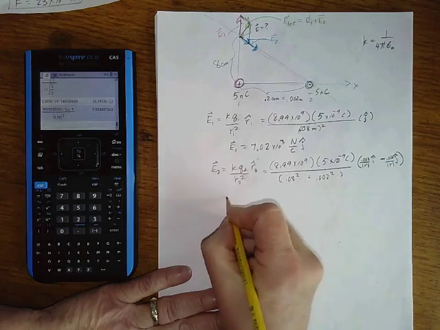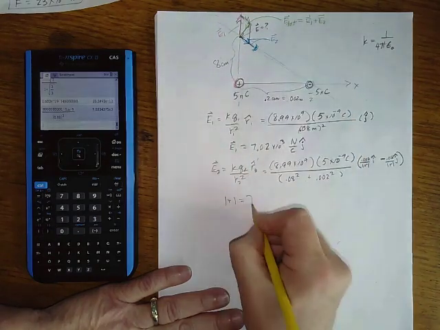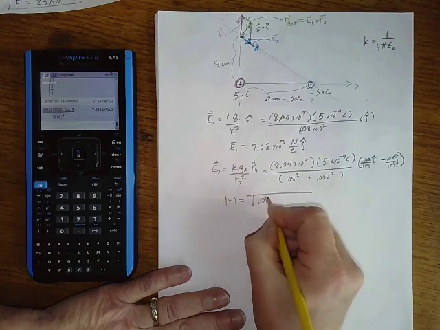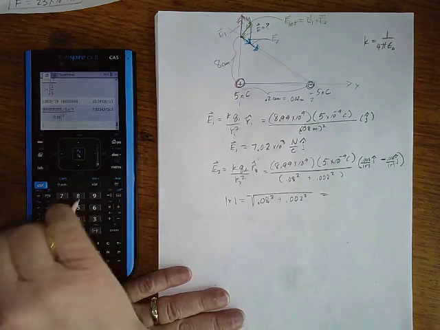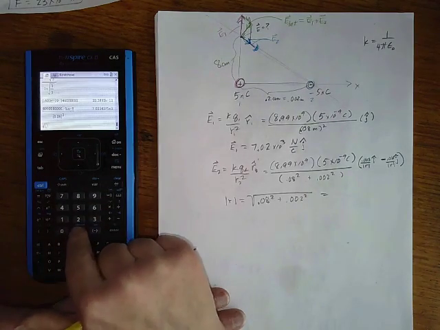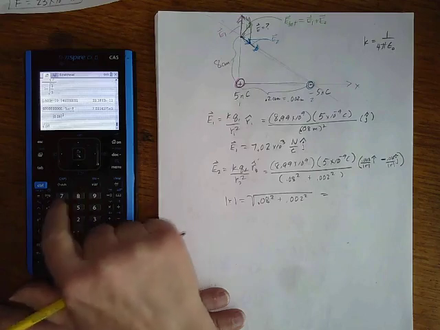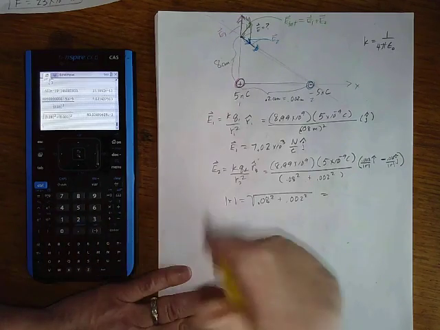So let's figure out what the magnitude of r is in meters. Like I was just saying, it's the hypotenuse of the triangle, so it's the square root of 0.08 squared plus 0.002 squared, to get just the magnitude of r. So let's do that.